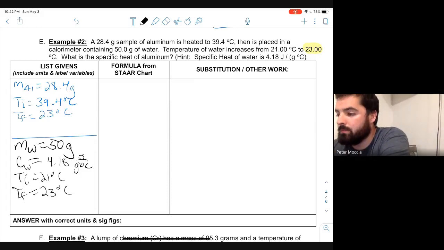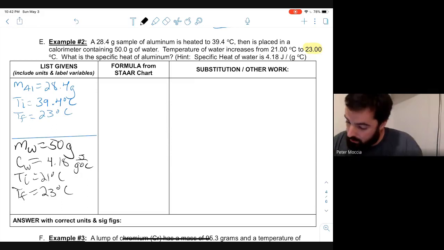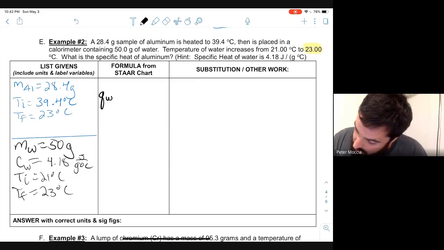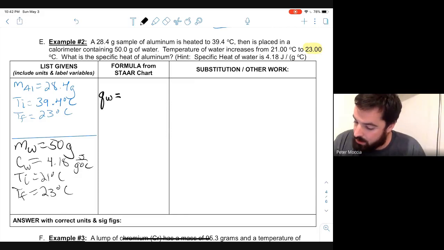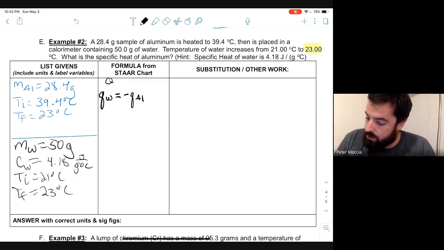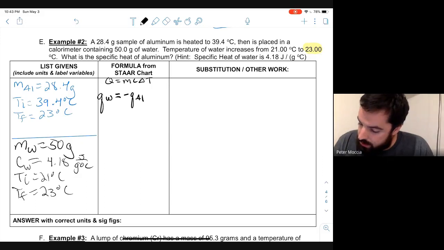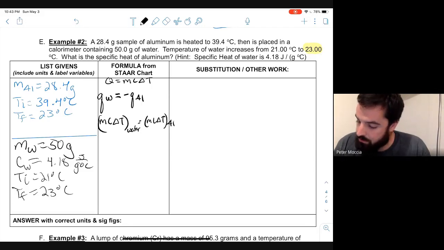It's important for you to know that the heat gained by the water is equal to the negative of the heat lost by the aluminum. So if we know that Q is equal to MC delta T, then I can say MC delta T for water is equal to negative MC delta T for aluminum.